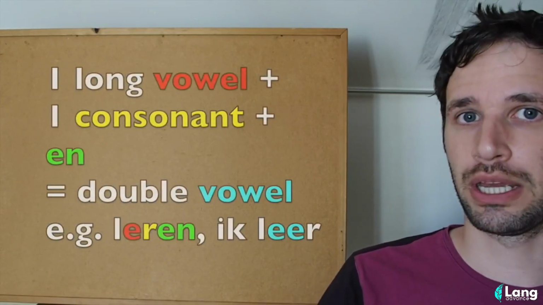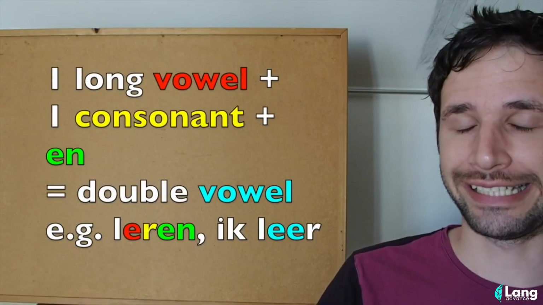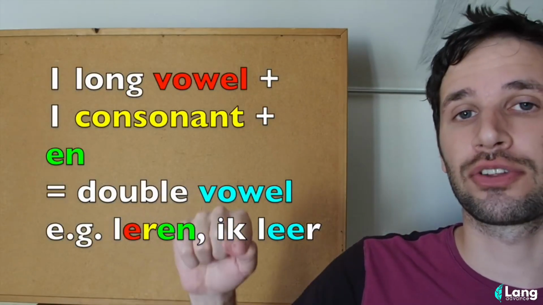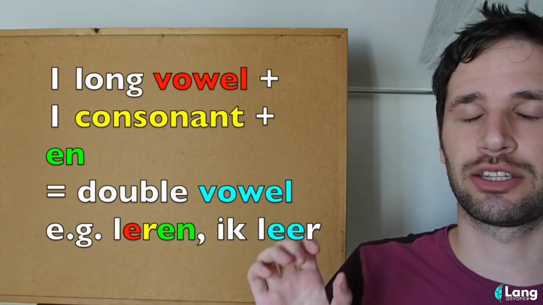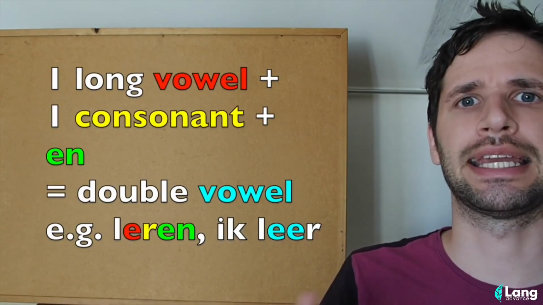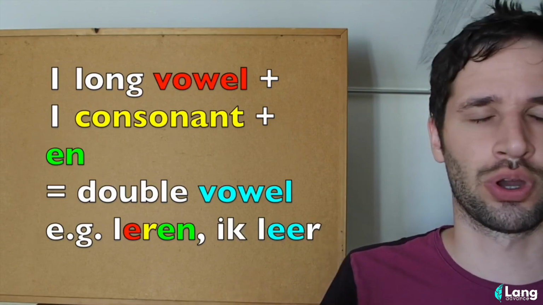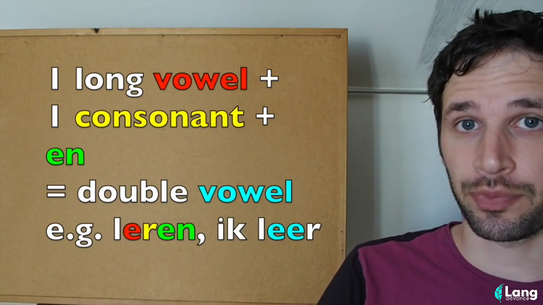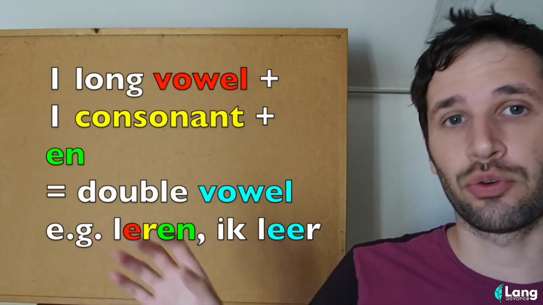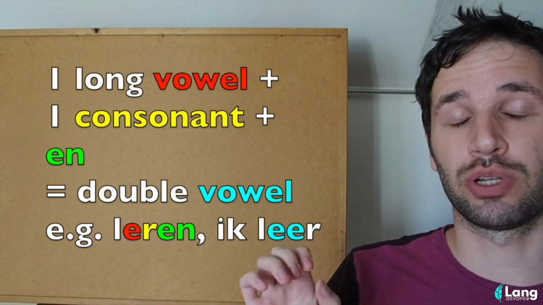For example, if just before the en there's a consonant, and just before that consonant there's a vowel, and a vowel that is pronounced long, like e, a, u, or any other vowel. In that case, the en is taken away, but the single vowel is doubled.